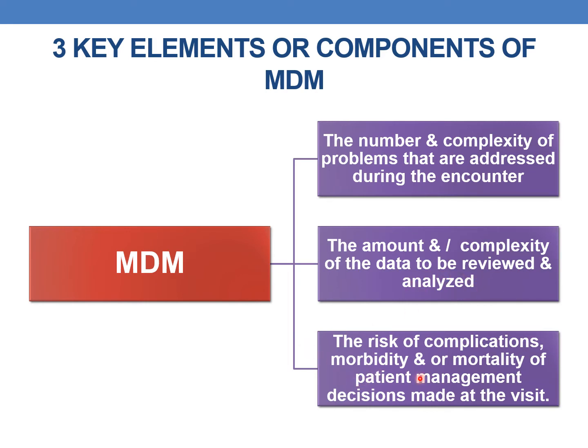The next is the risk of complications, morbidity or mortality of patient management decisions made at the visit. Number and complexity of problems, amount and complexity of data to be reviewed, and finally the risk of complications, morbidity and mortality are the three key elements of medical decision making.